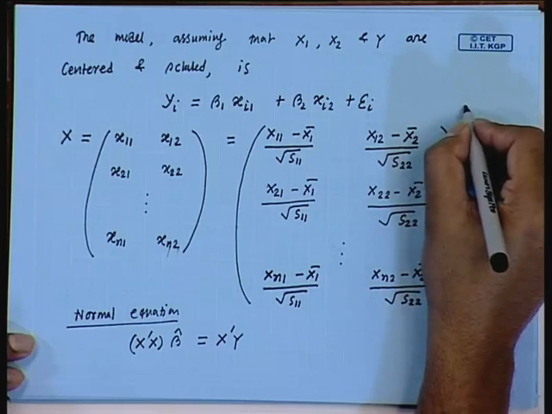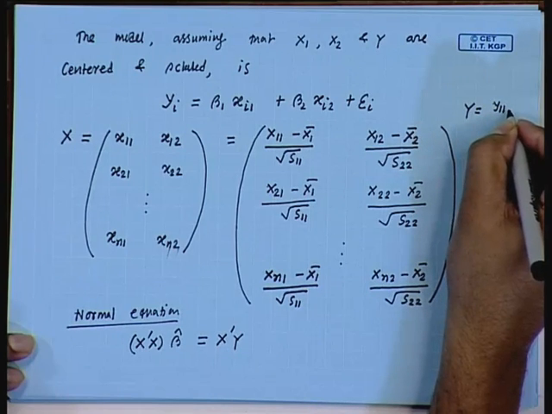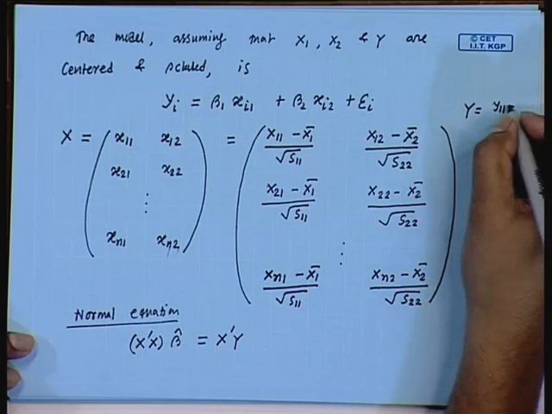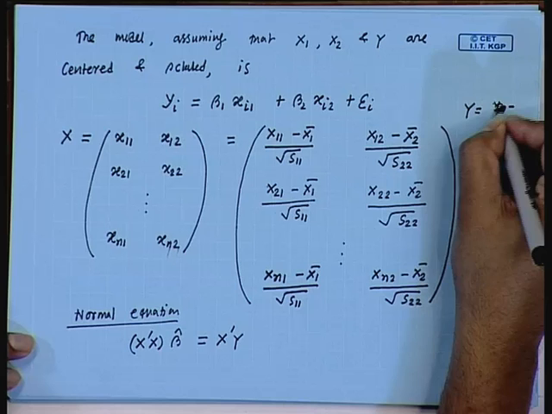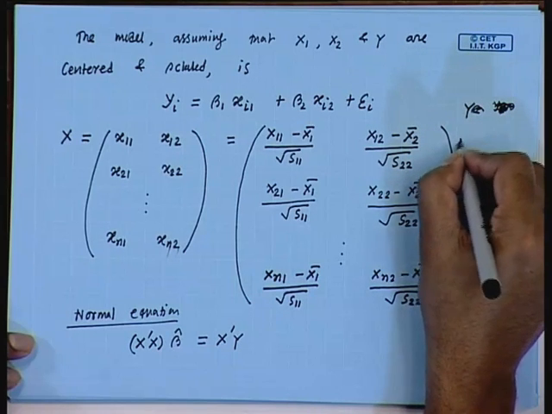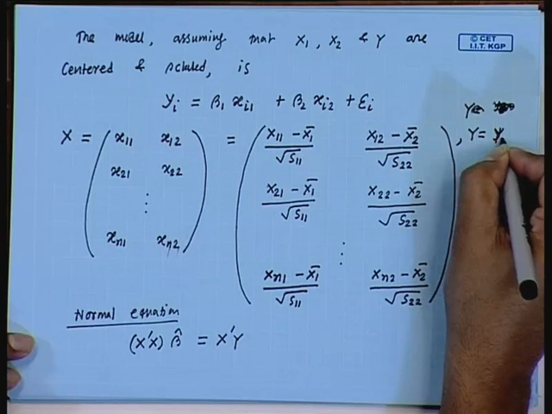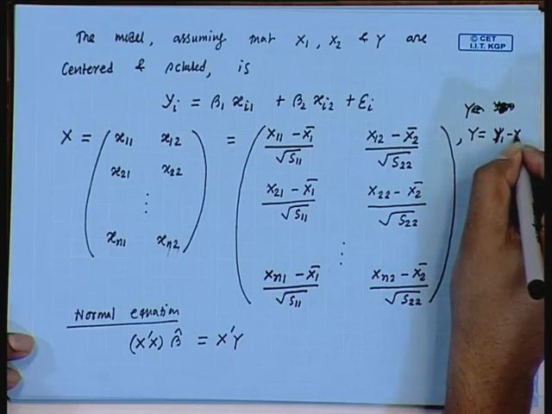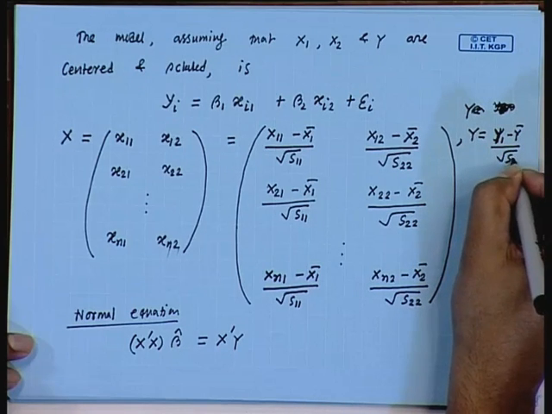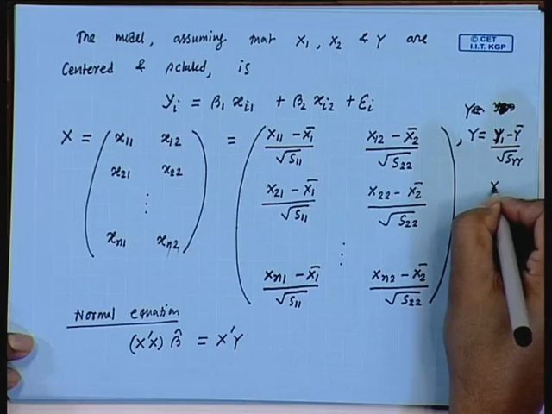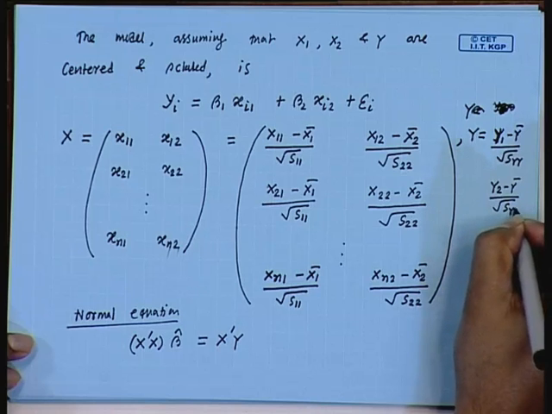Y is in matrix form, y equal to capital Y1 minus y bar by root of Syy, Y2 minus y bar by root of Syy.